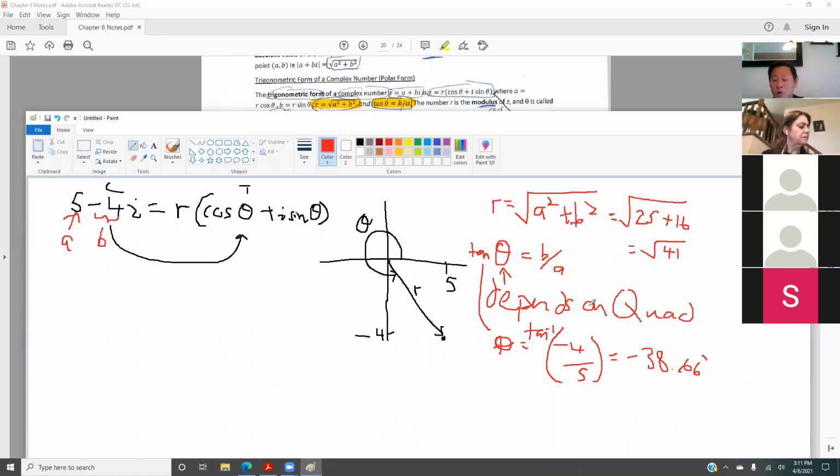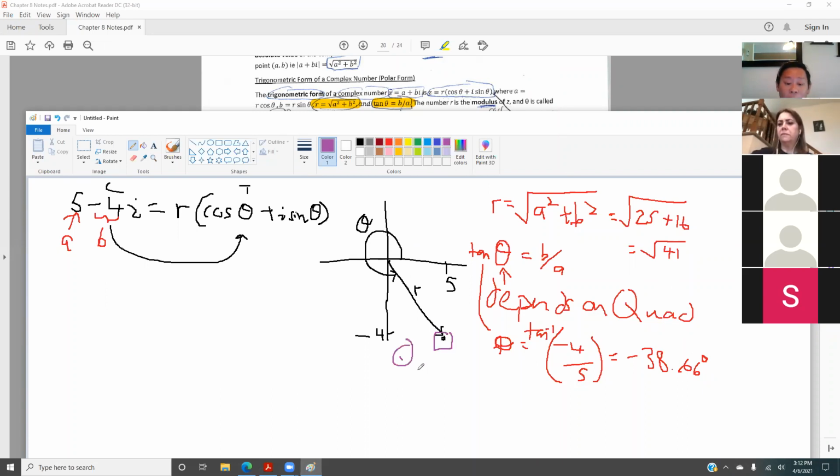And this is where the quadrant plays an important role. Does anyone know negative 38.66 is what quadrant? And what is the quadrant of this point?